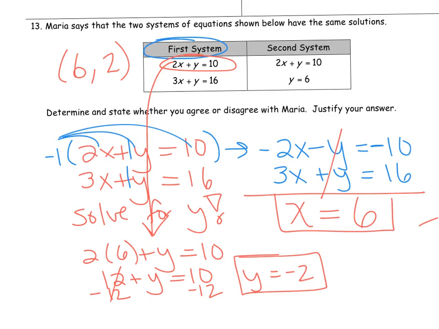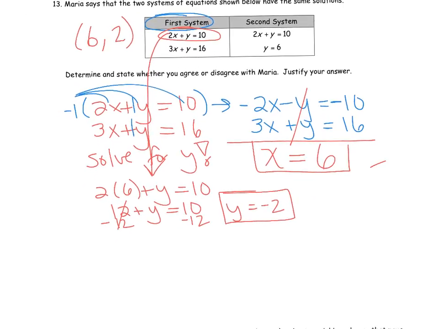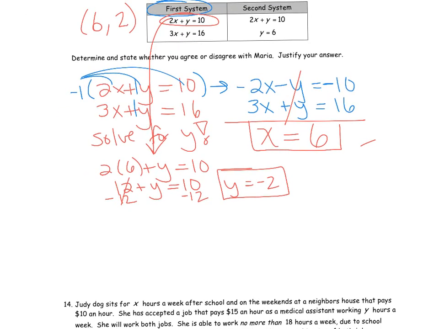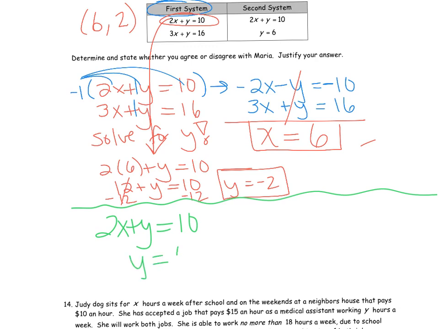I'm going to check and see if that works for the second system. So let's see. For the second system, I'll write it here, 2x plus y equals 10. Well, I know y is equal to 6. So let's plug that in. I'm going to plug that in here using substitution.